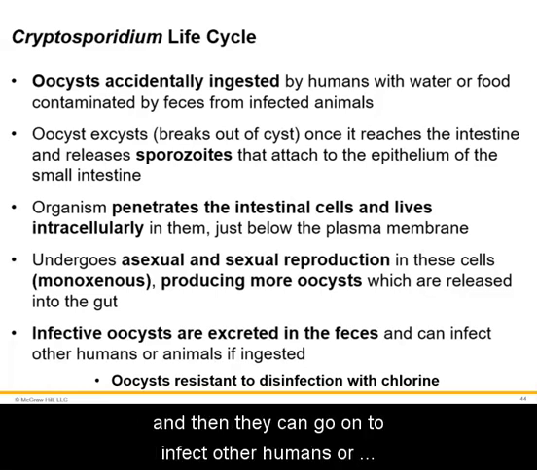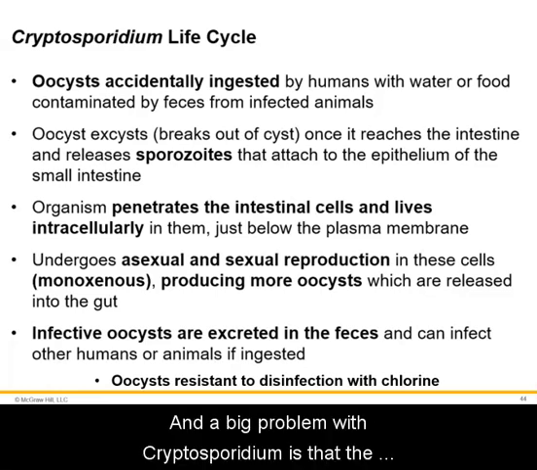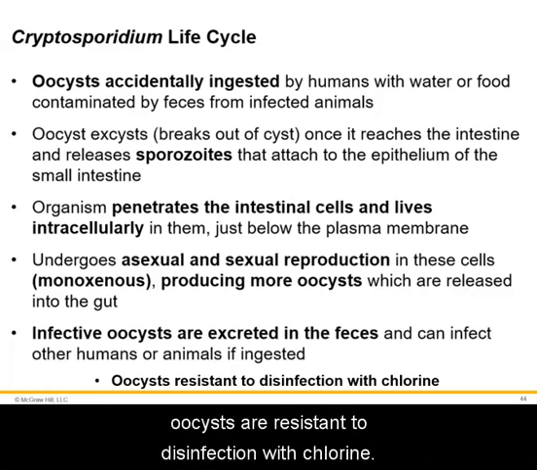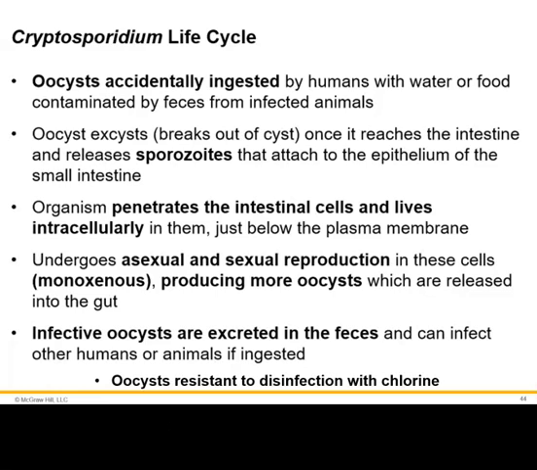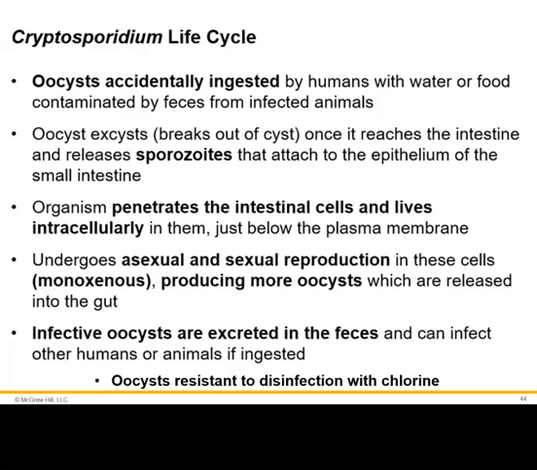And then they can go on to infect other humans or animals if they're ingested. And a big problem with Cryptosporidium is that the oocysts are resistant to disinfection with chlorine. So this causes problems for water sanitation efforts.